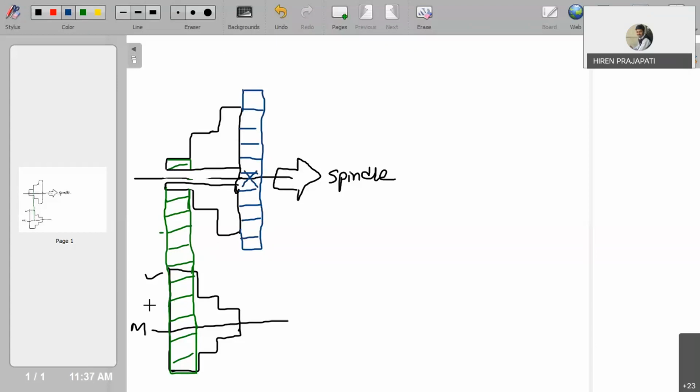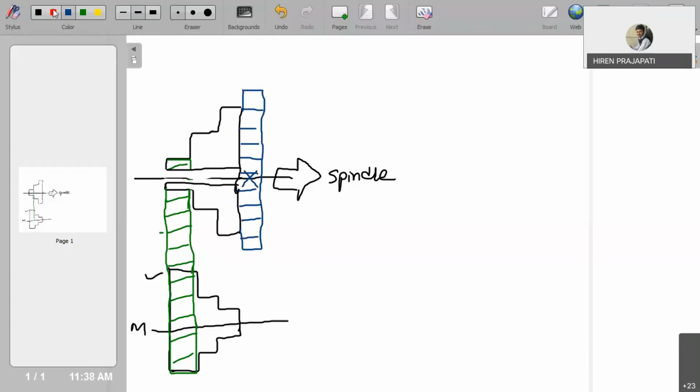So if we are rotating this motor with some RPM and using this belt drive, if we transmit motion to this pulley which is on spindle, then pulley will rotate, but spindle will not rotate. The reason is pulley is loose fitted on spindle, so there would not be any power transmission.